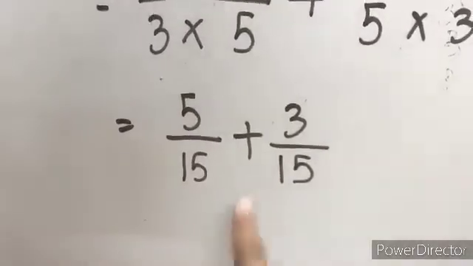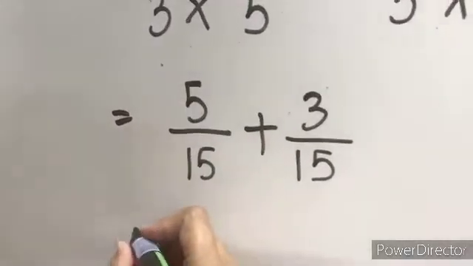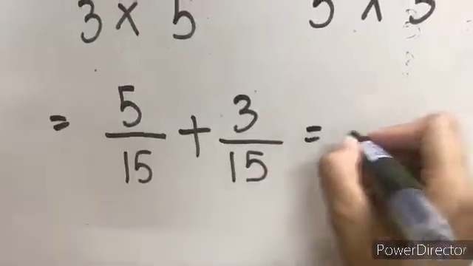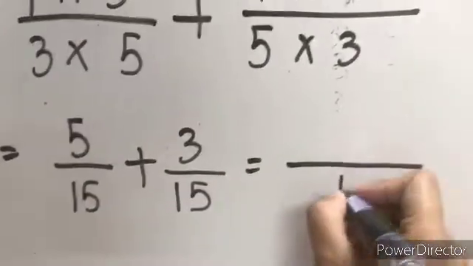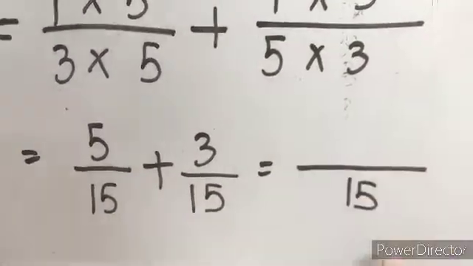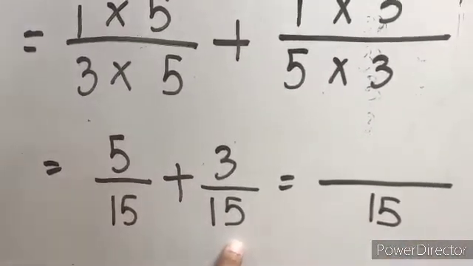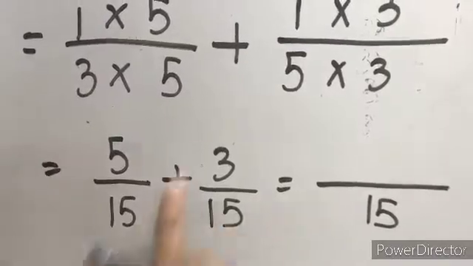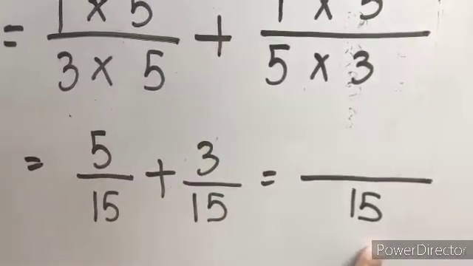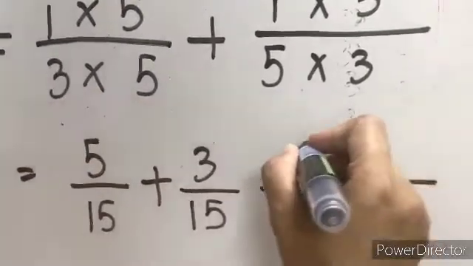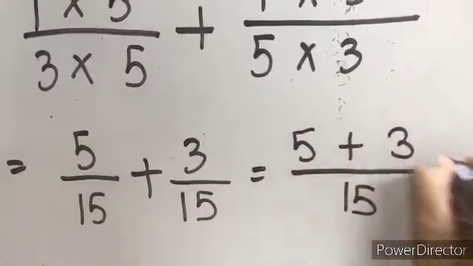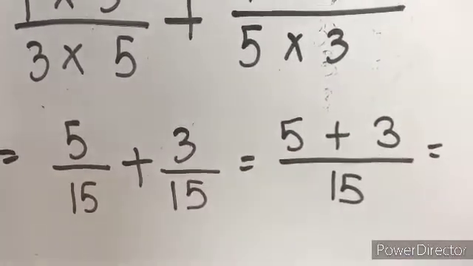Now what do you have to do? You simply have to add. So you can do it here and here also, no problem. You can keep the denominator in common like this, the same denominator, because both are like fractions. So you will write 15. You will put 5 here, addition sign here, 3 here: 5 plus 3.